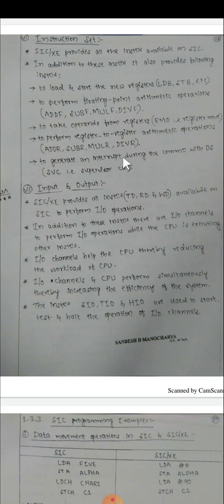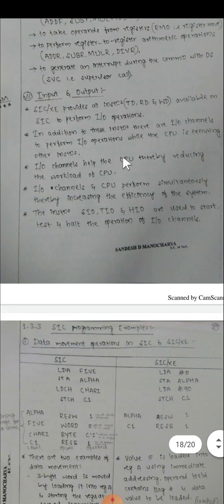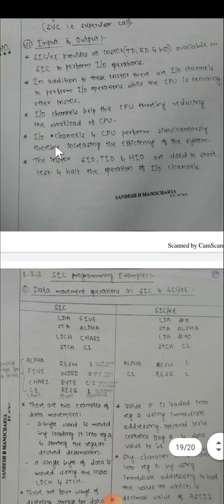Next, the last part of SIC XC is input and output operations. SIC XC provides all instructions which are available in SIC, like TD, RD and WD, to perform input output operations. In addition to these three instructions, this SIC XC machine is using some input output channels to perform input output operations when the CPU is executing other instructions.